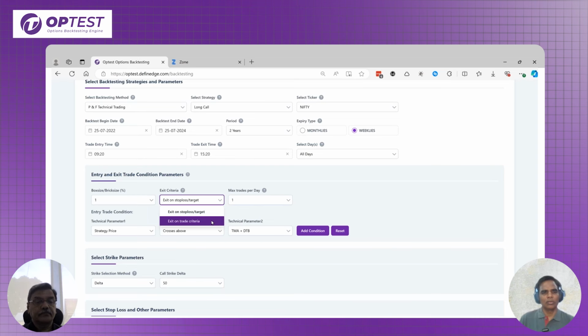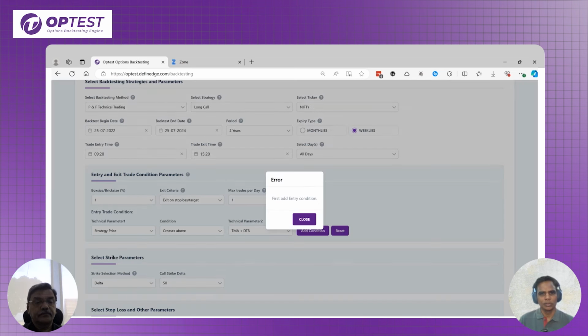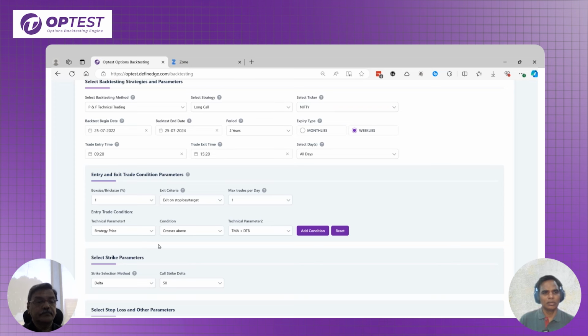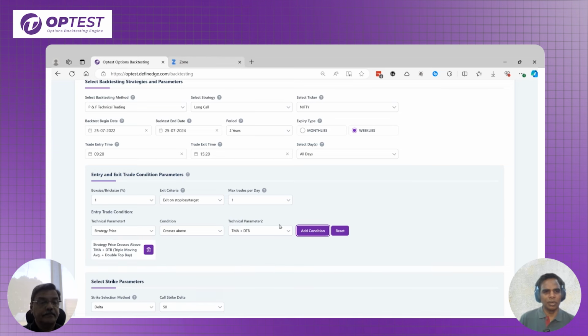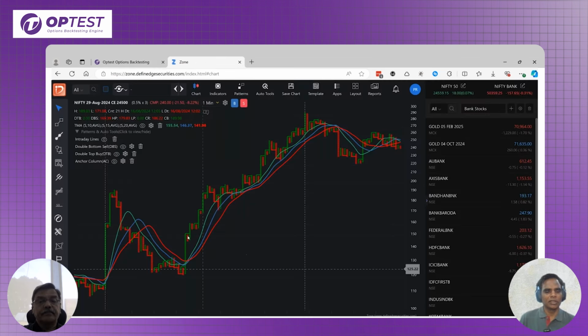So now, let's say, whenever it crosses above the triple moving average and double top buy, okay. In this case, for example, this is the signal. This is the triple moving average, and this is a double top buy. This is an indicator in the PNF charting method.